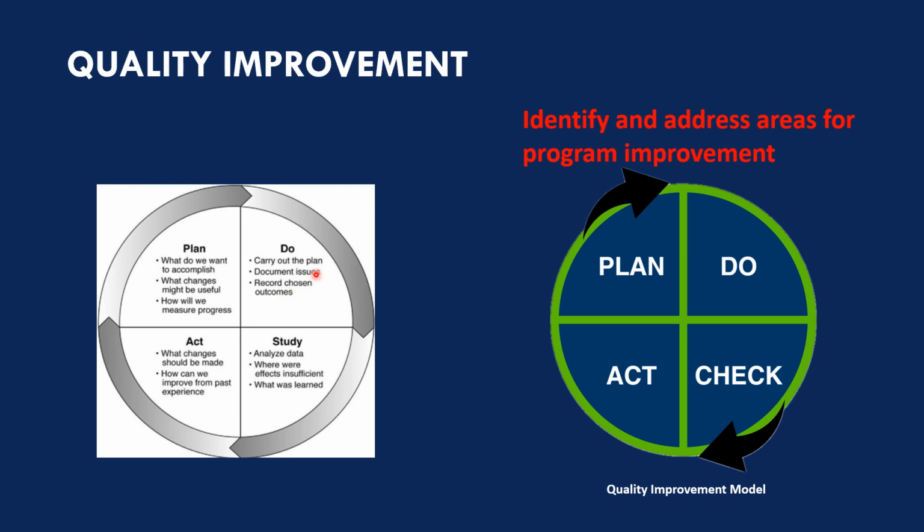Now, when it comes to the check step, which is also sometimes referred to as study, this is where we want to analyze how the performance measures or a given measure have changed as a result of the actions taken. We want to document those changes. And then finally, we get to the act step.